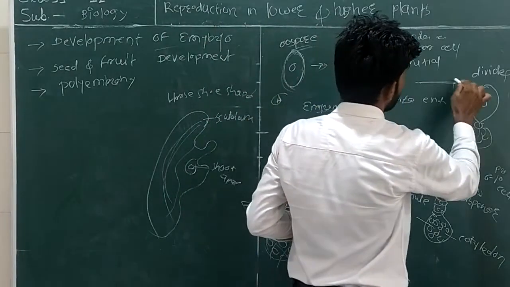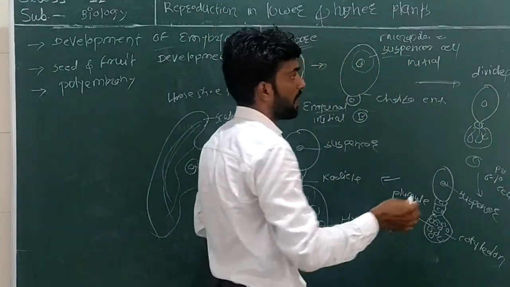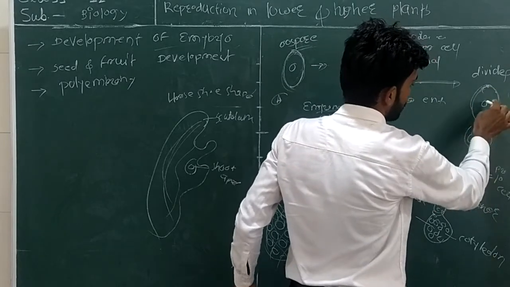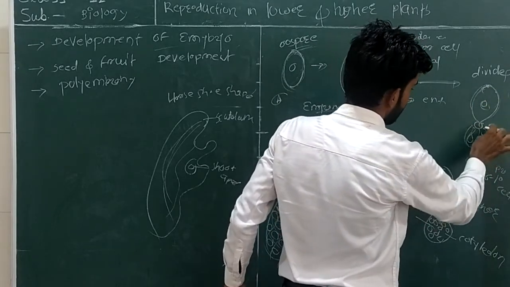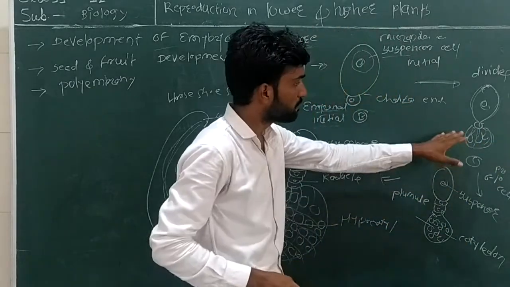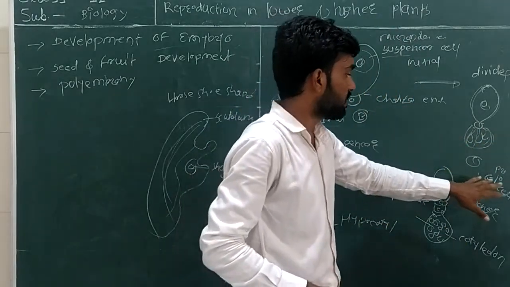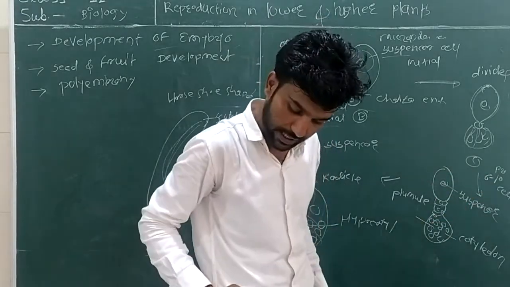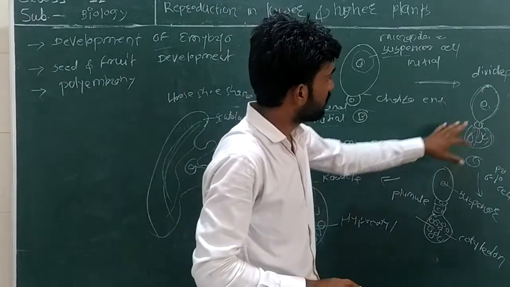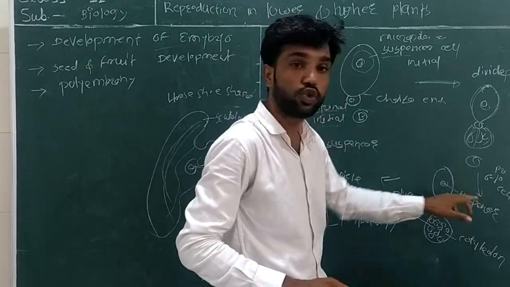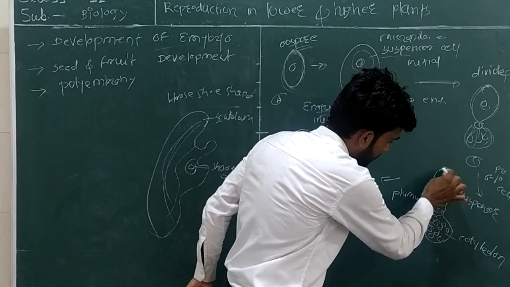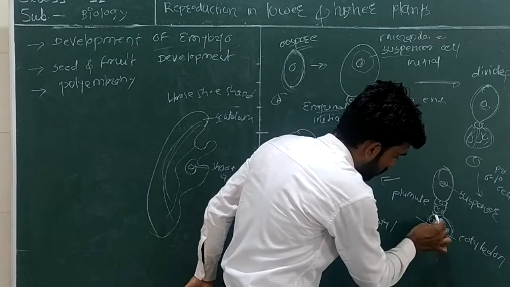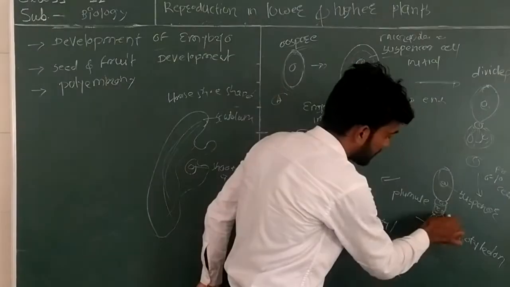So it will further divide, like a mitosis. So this is your suspensor cell, and these are your embryonal initials. After that, your suspensor cell gets further divided into 6 to 10 cells.